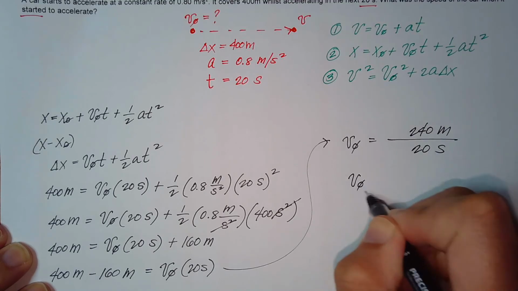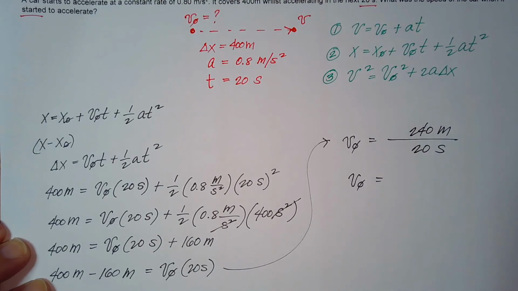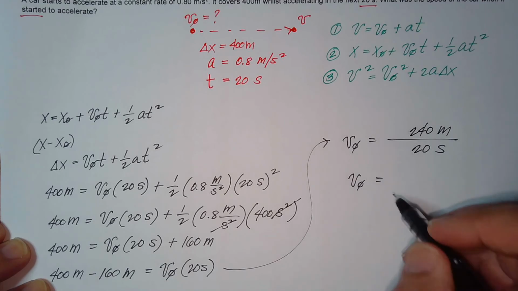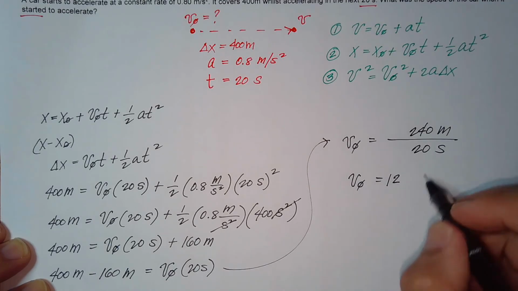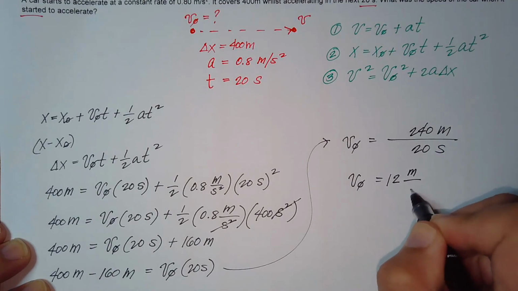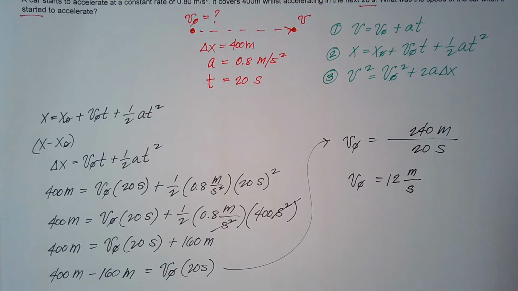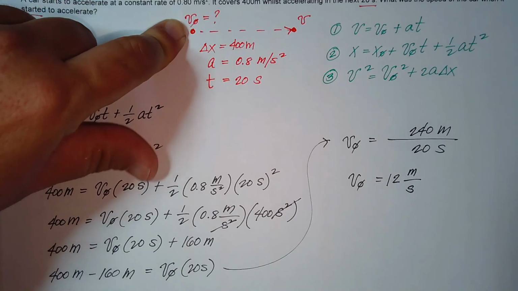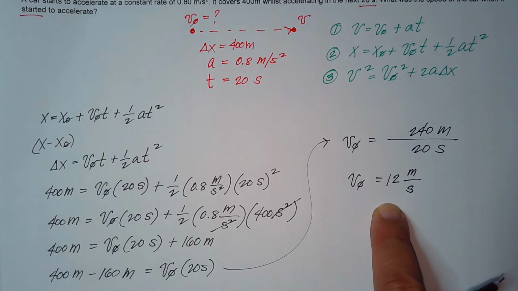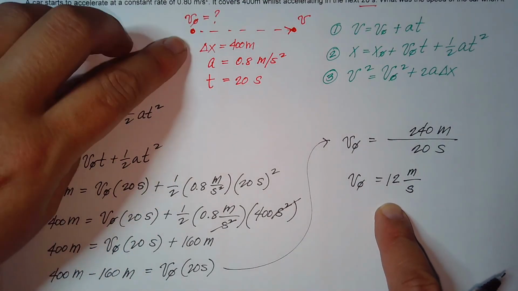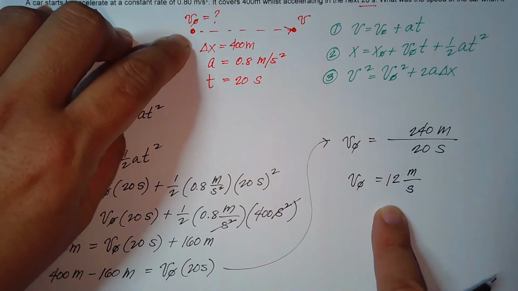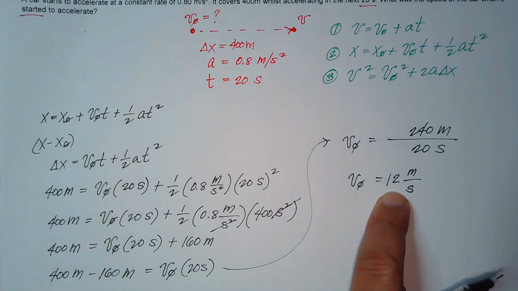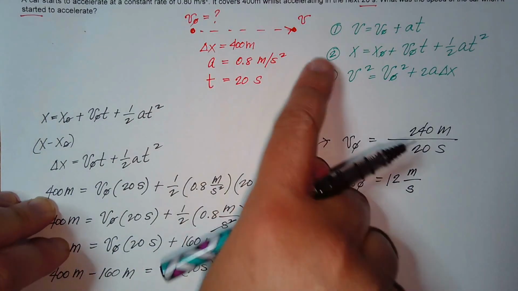So we arrive at an answer: 240 divided by 20 gives us 12 meters per second. This means that in the beginning, the velocity of the object, the particle, or the car mentioned in the problem is 12 meters per second heading to the right.